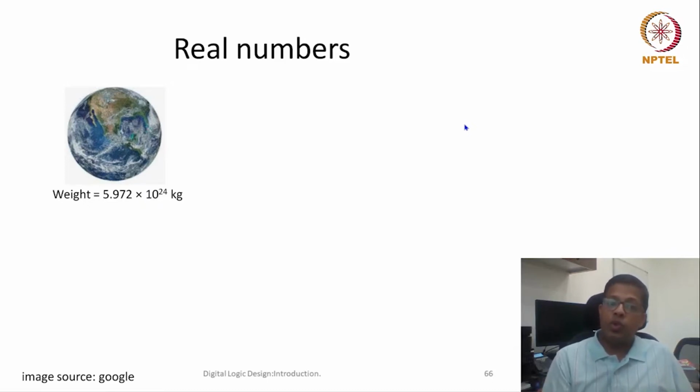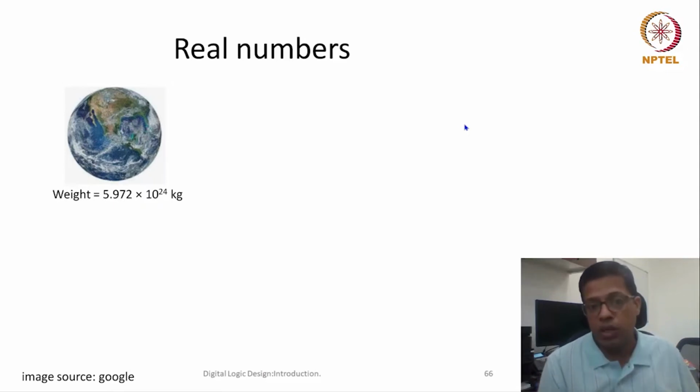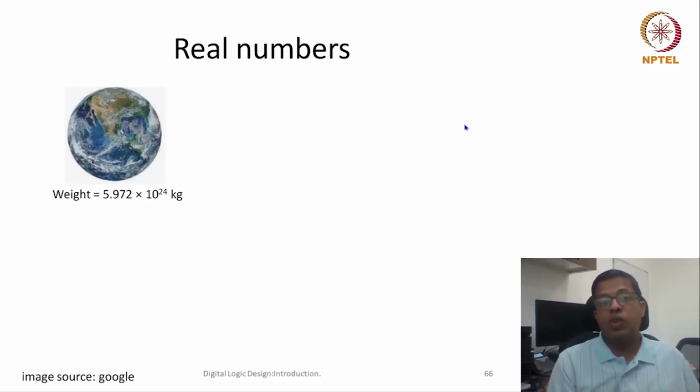Now if I want to consider this as an integer number, the number of bits I would require just to represent this number would be more than 80. That means the formats which we have, 32-bit integers or 64-bit long, will not be able to contain this large number.